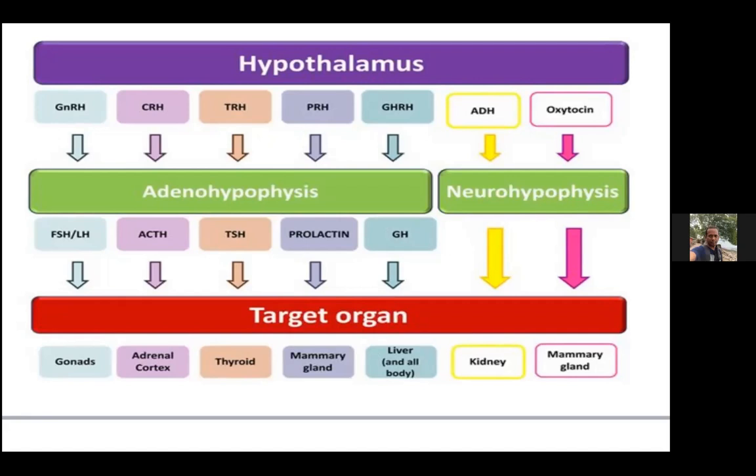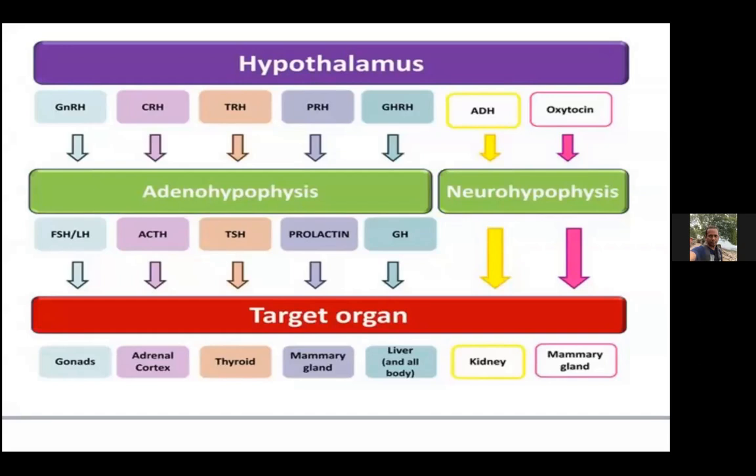The hypothalamus sends hormones to the anterior pituitary. These are gonadotropin releasing hormone, corticotropin releasing hormone, thyrotropin releasing hormone, prolactin releasing hormone, and growth hormone releasing hormone.